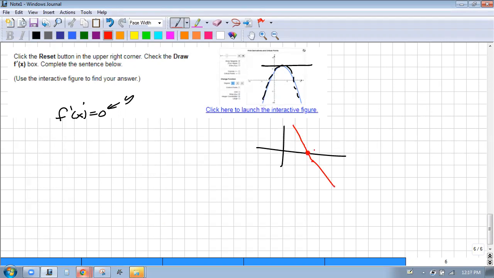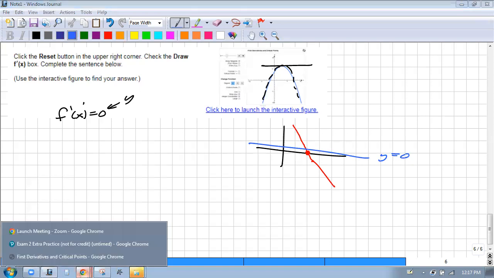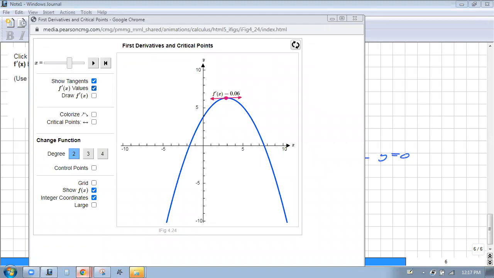So along that line, the y value is 0. There we go, that's the actual graph of f prime.